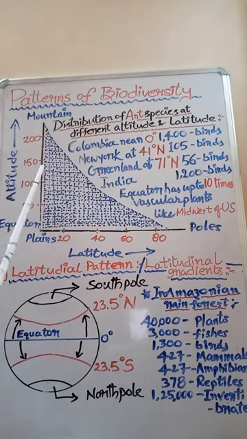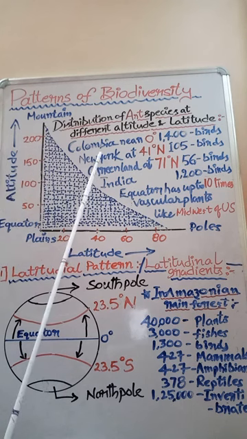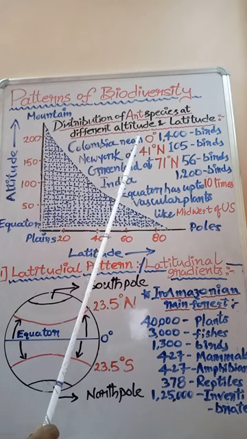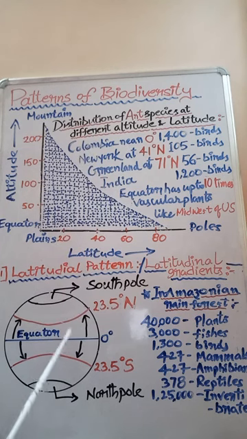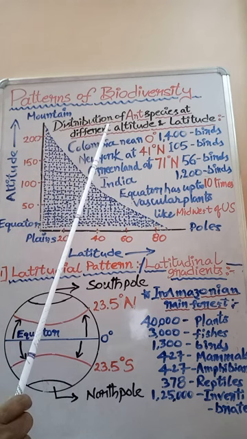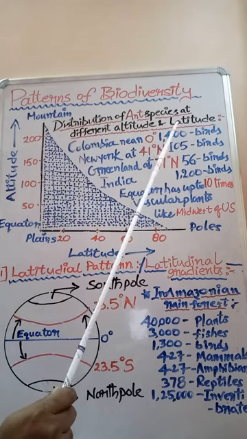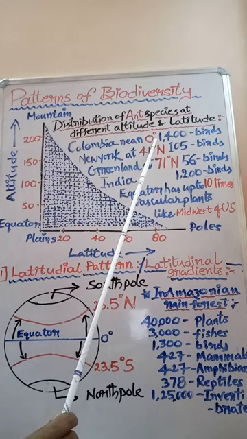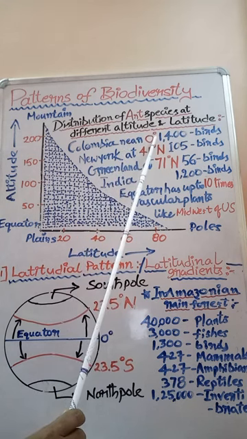Okay, now let us see one calculation here. Colombia, here you can see, is located near the equator and has nearly 1400 birds. It means 0 degrees here is nothing but the equator.